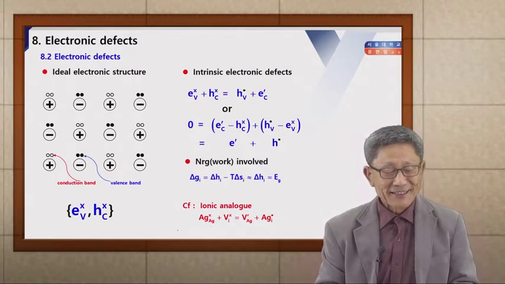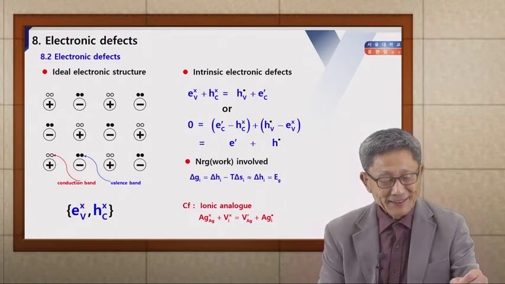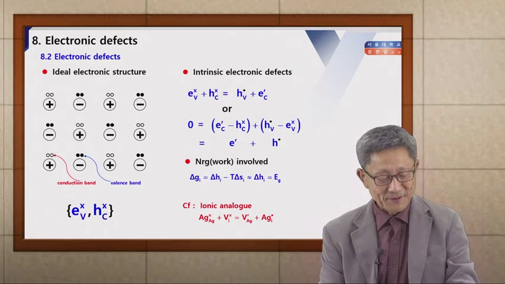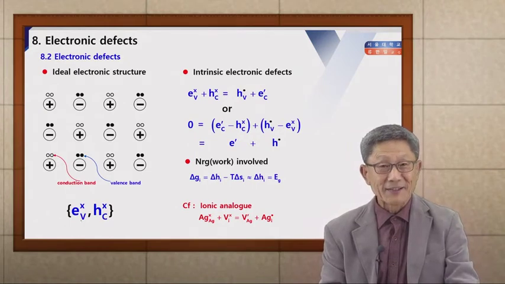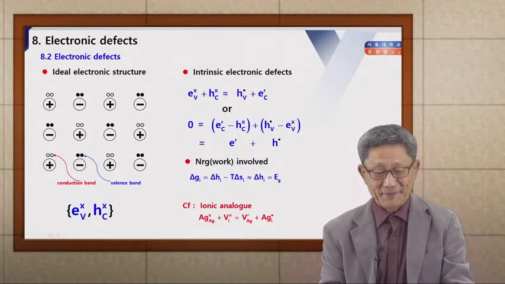Now then, let's consider what kind of defect may arise. Here we have the ideal electronic structure. Okay, all electrons are sitting on the valence band, and all conduction bands are empty. You see, all conduction bands are empty.